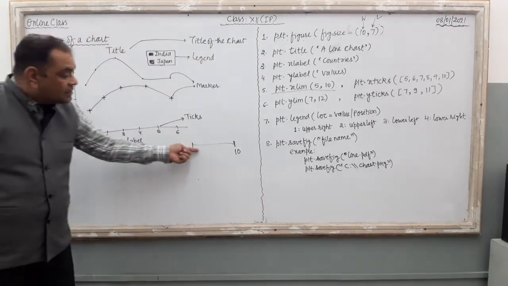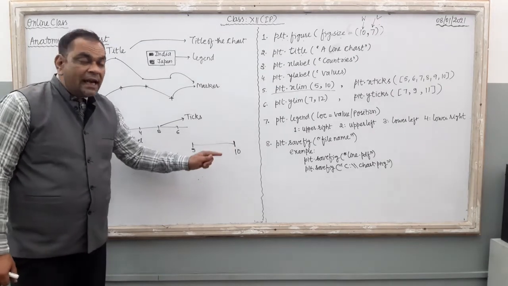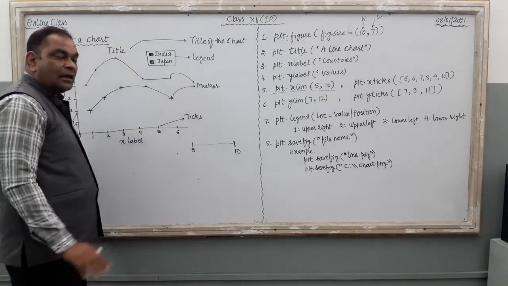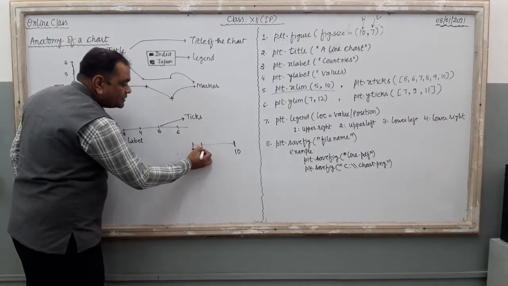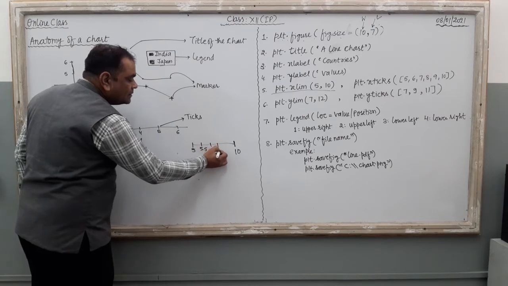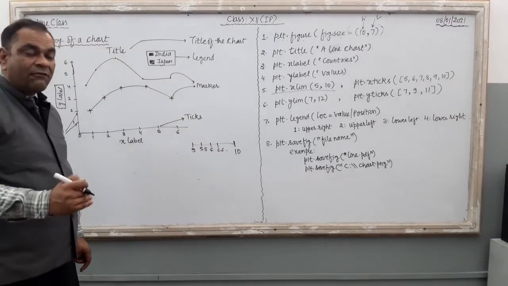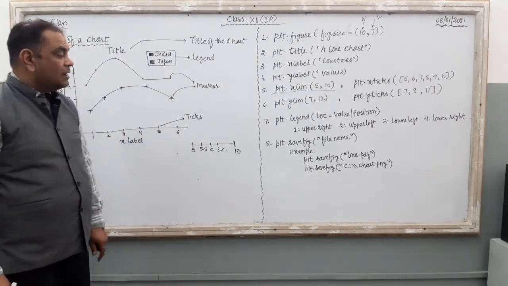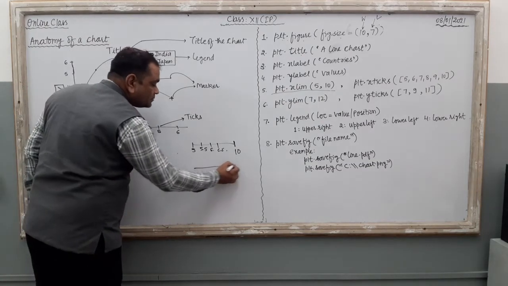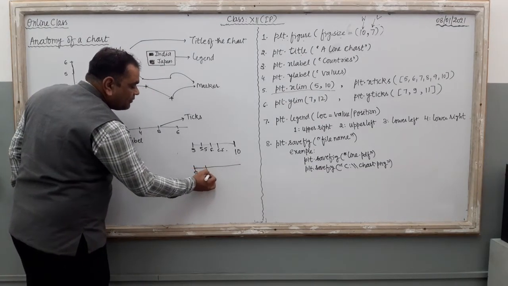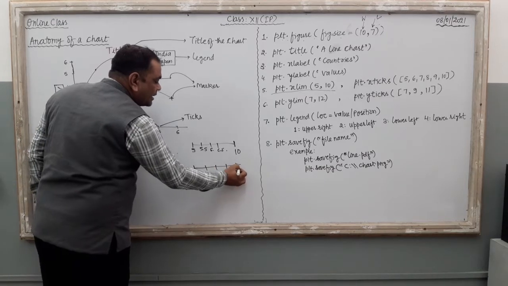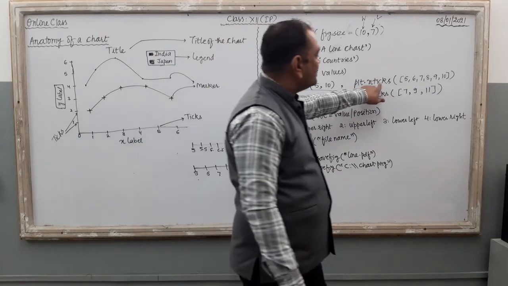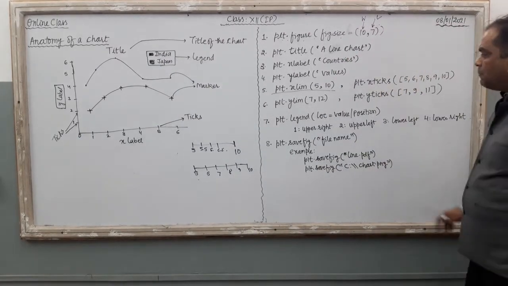But in this range on the x-axis, we can supply ticks also. By default, if you use the limit function only, the chart starts from 5, the next tick is 5.5, then 6, 6.5 and so on. By default, the difference between two ticks is 0.5. But if you want the ticks to be 5, 6, 7, 8, 9 and the last one 10, another function, xticks, is available in the pyplot library.